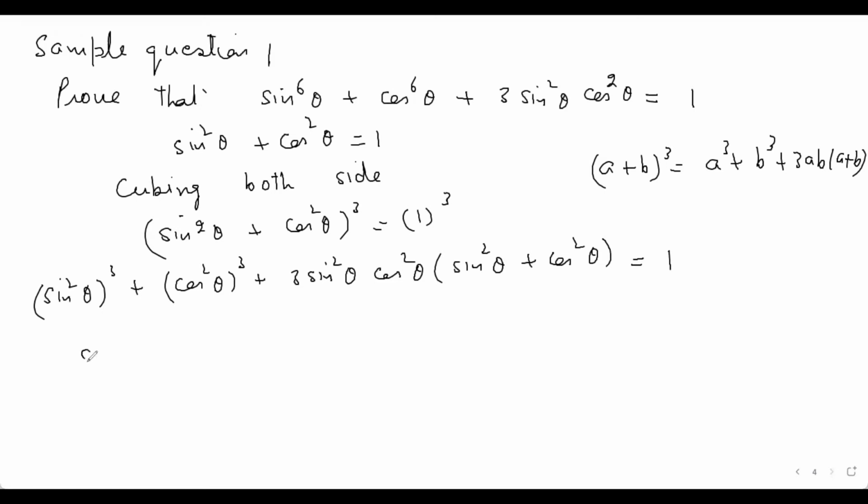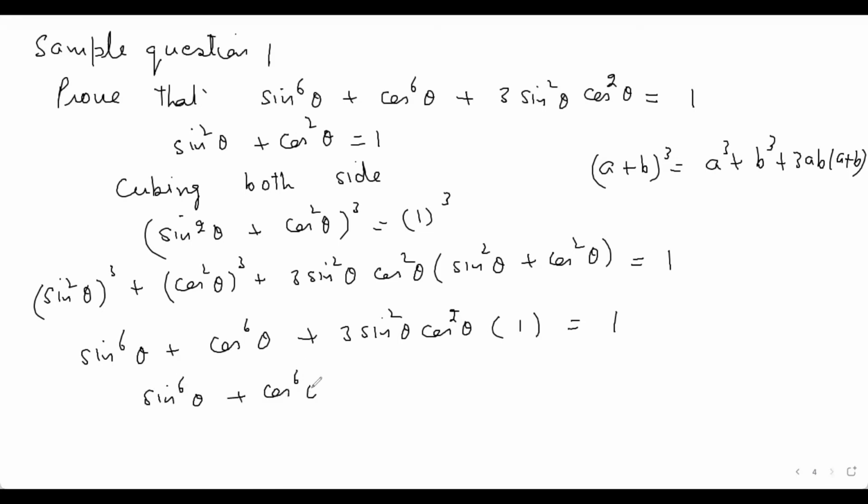Now this is sin⁶θ + cos⁶θ + 3 sin²θ cos²θ, and this is 1. So I have sin⁶θ + cos⁶θ + 3 sin²θ cos²θ equal to 1. This is what we want to prove.